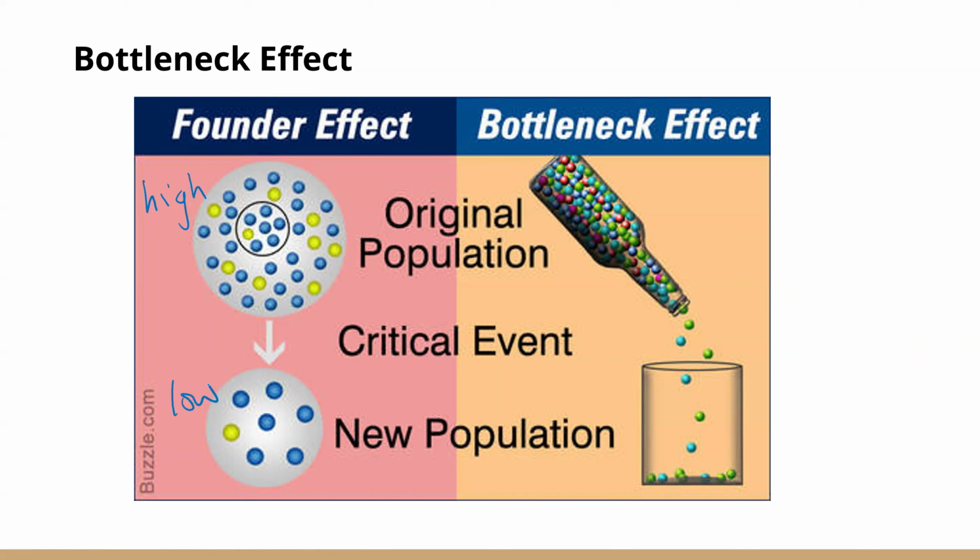Another thing you can have is, again, this is that critical event, right? Here, maybe it's an environmental change or habitat loss, and you lose the majority of your population, and you only have a few that survive. We would see this with the rhinoceros. Is it rhinoceroses?